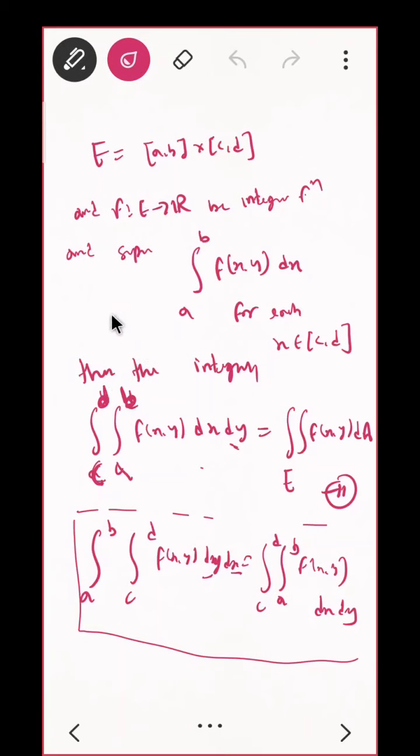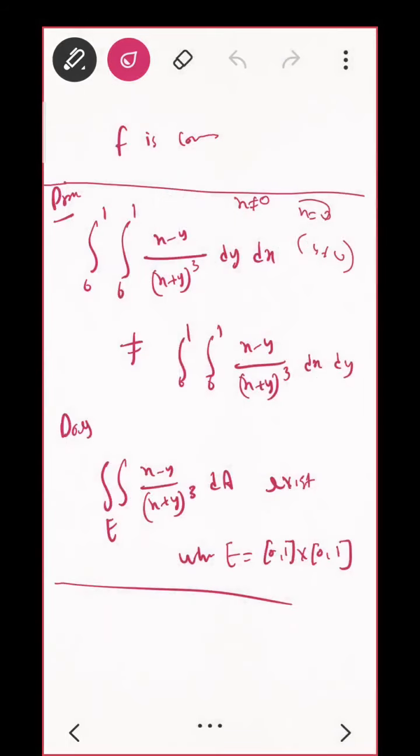The x axis I am changing to the y axis. Since x and y axes are perpendicular, I can interchange their roles. So the integration c to d a to b f of x y dx dy will be equal to the double integral over E, and there also it was over E. So both double integrations are equal. So this is what we did.